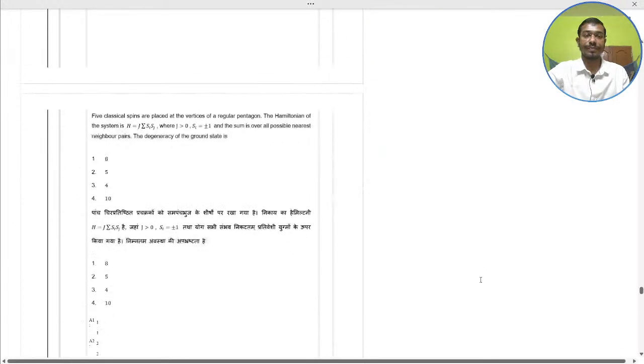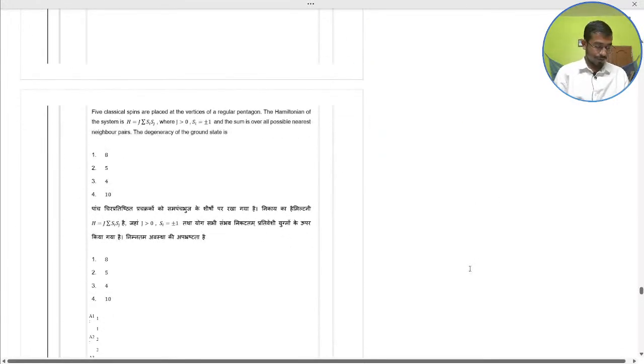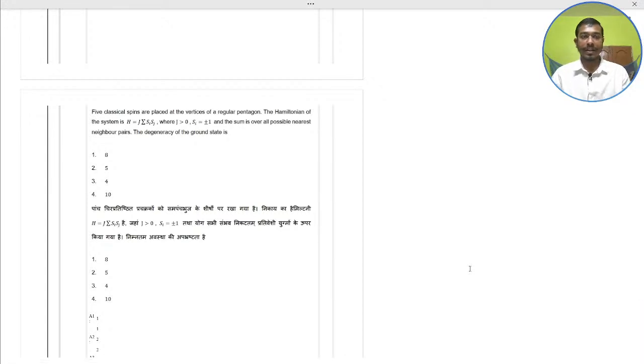Next, question number 63. 5 classical spins are placed at the vertices of a regular pentagon. The Hamiltonian of the system is given by this one. The sum is over all nearest neighbors. You have to find the degeneracy of the ground state.